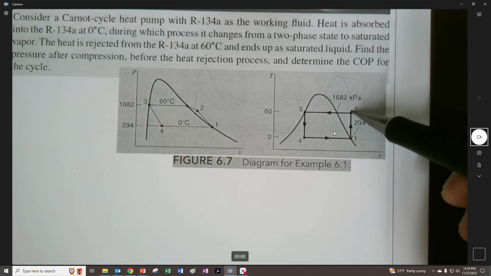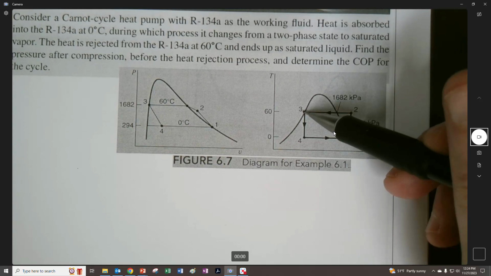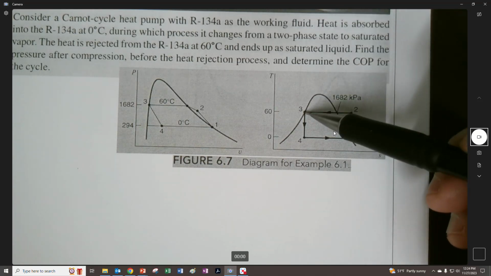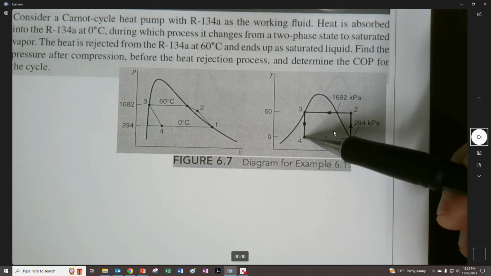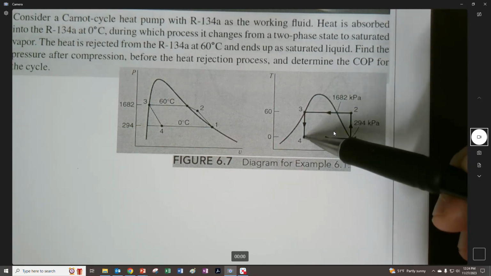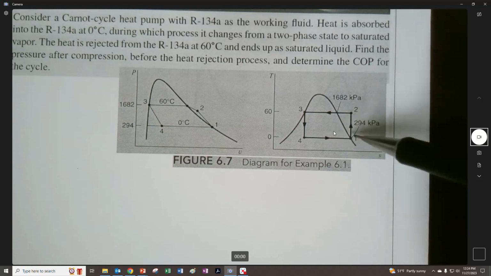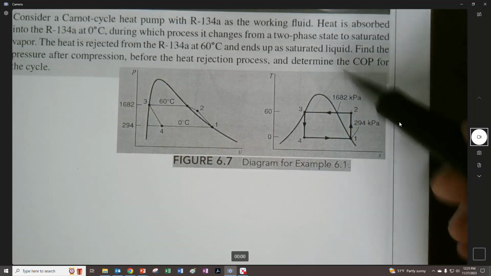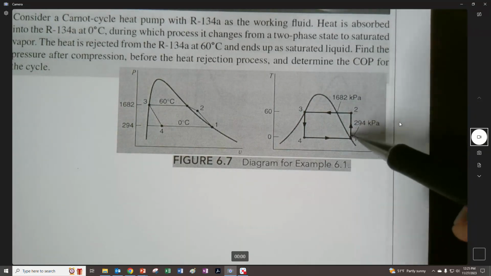So this is where we're actually condensing this. So here's the condensing portion of this, and then we drop down here into this mixture, right? So we went from a fluid back into a mixture right here, and then we absorb heat from the outside world into here, right? So we're going from this low temperature to this high temperature right in there.